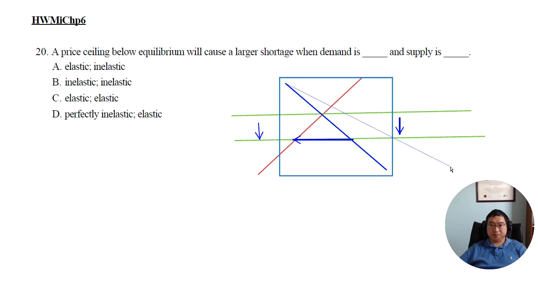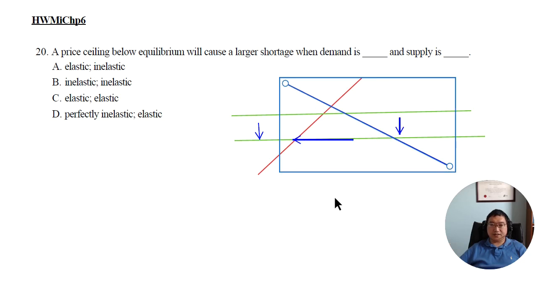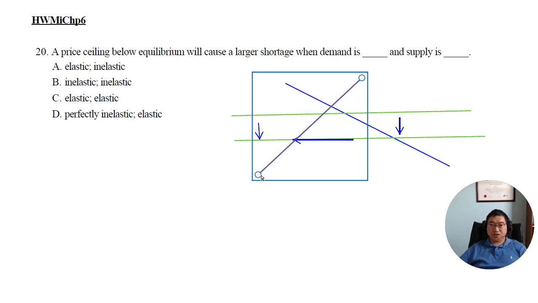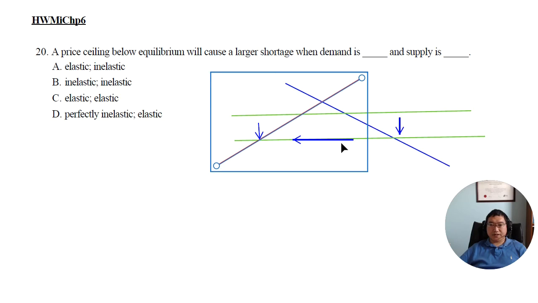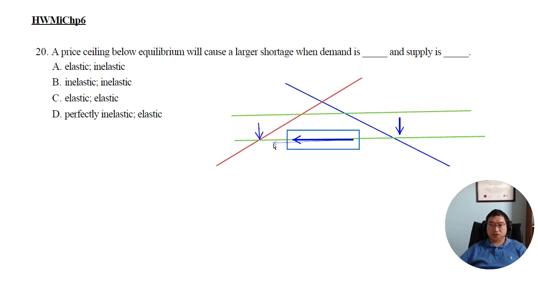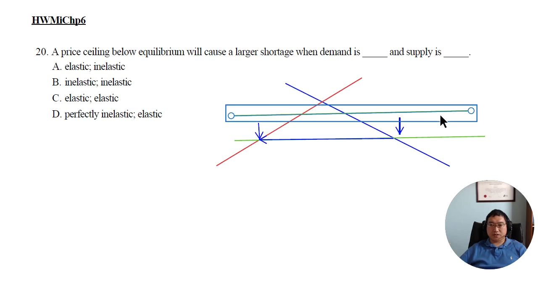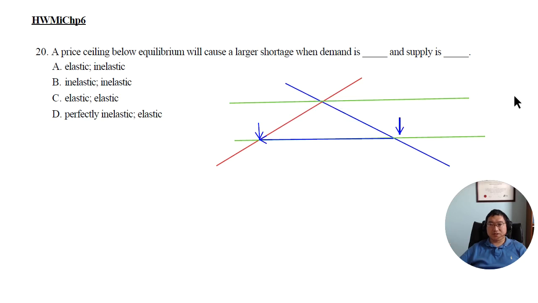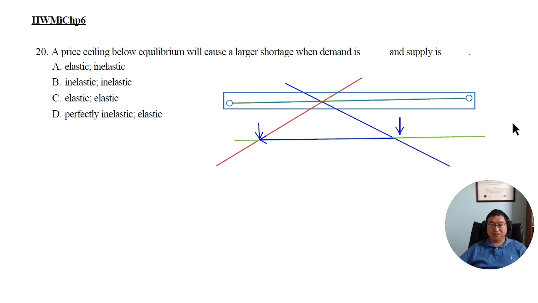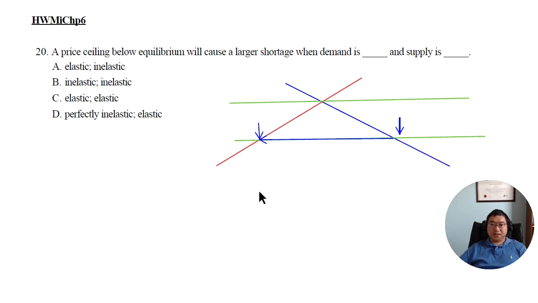So the demand curve goes like that, and we want a high decrease in the quantity supplied. The supply curve goes like that. Now I have a much larger shortage. Of course, I need to say that this was the original equilibrium price level. But basically, in this picture, we have a much larger shortage.